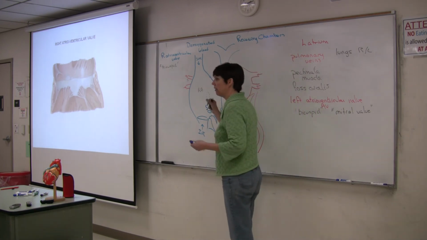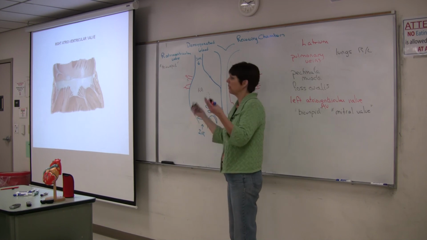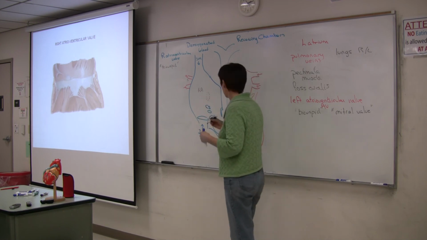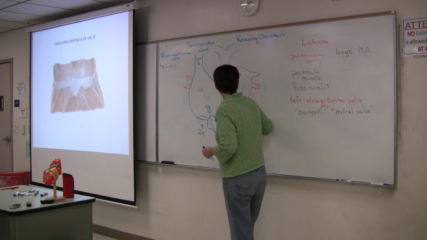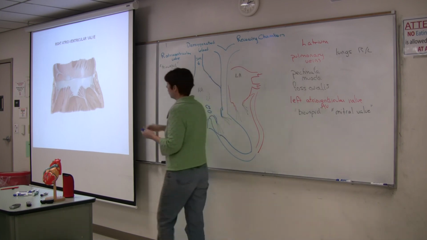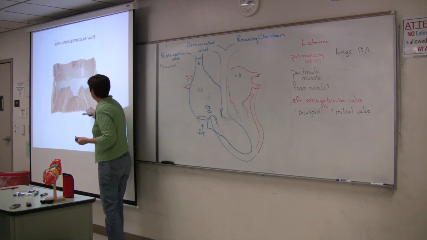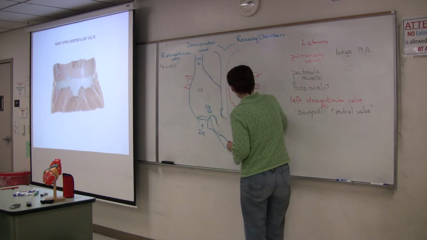And the valve is formed of dense irregular connective tissue. It's going to be covered by the endocardium. And the strings are just bands of collagen fibers.